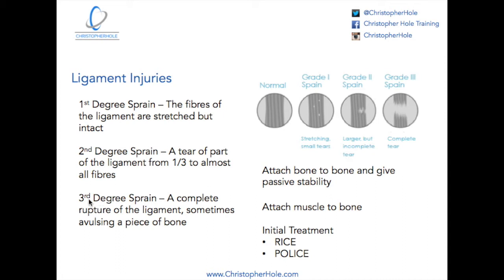Then we have the final one, which is the third degree, which is a complete rupture of the ligament, sometimes avulsing a piece of the bone, so taking a piece of bone away from the bone, if you will. Which again is a complete tear. So much like the muscles and the tendons, the ligaments work in those 3 grades, which is minimal tears or stretching into larger tears into full ruptures.